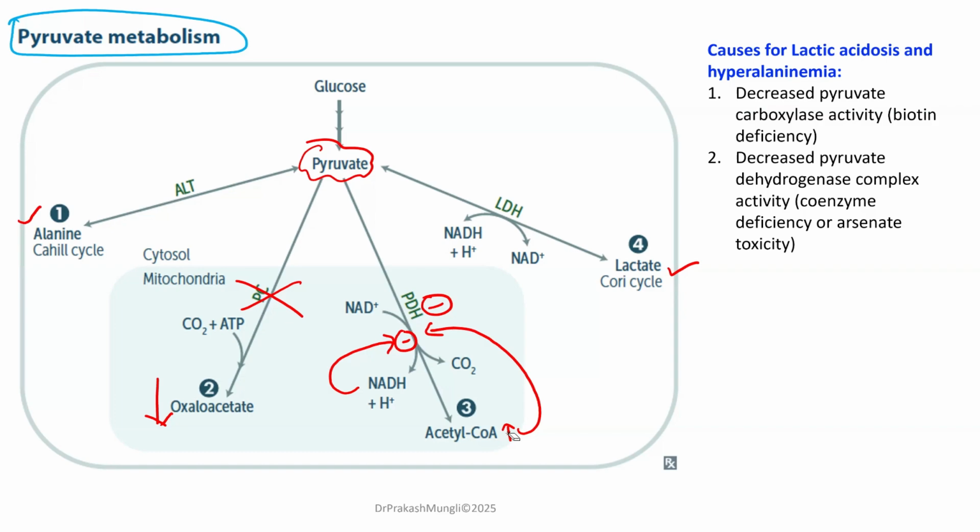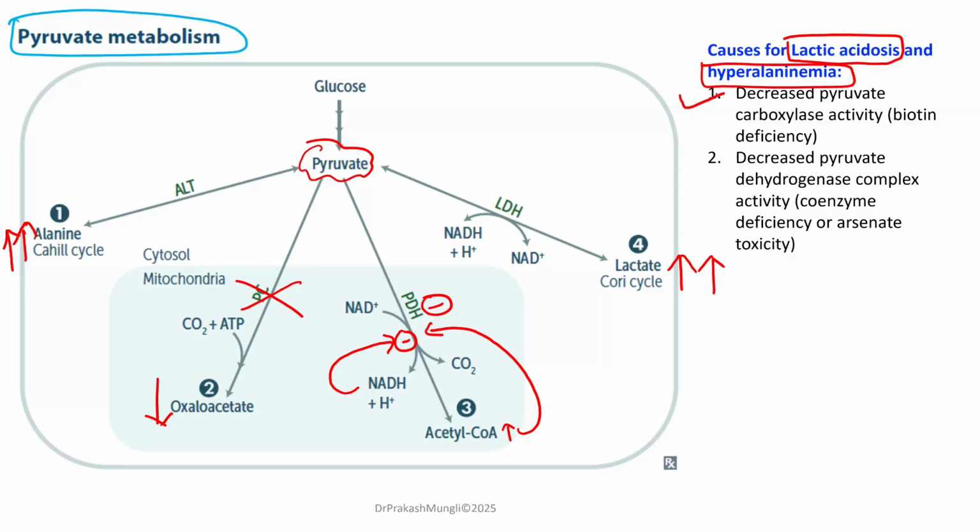But what can happen is it can go into lactate, so there will be buildup of lactate. It can go into alanine. Such a negative feedback effect is not there on these two sides. That is why in pyruvate carboxylase deficiency, the patient will show lactic acidosis and hyperalaninemia.